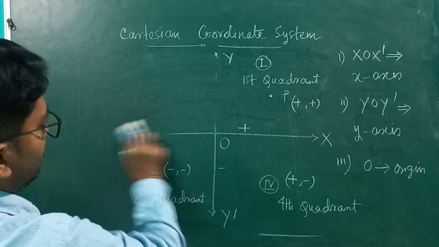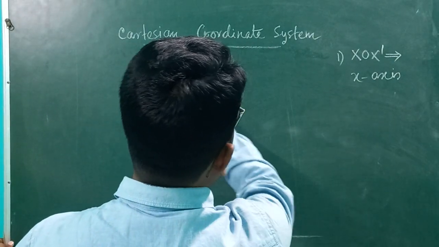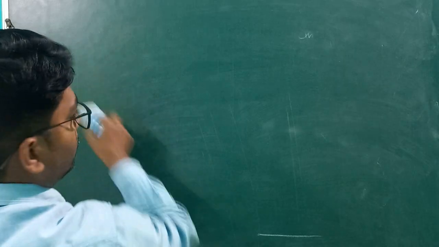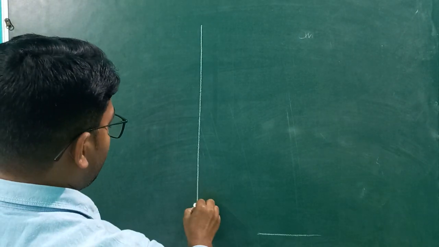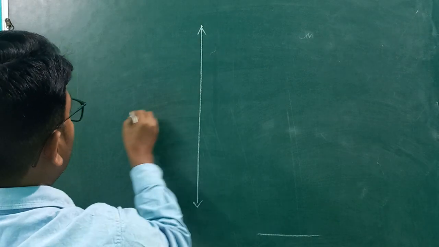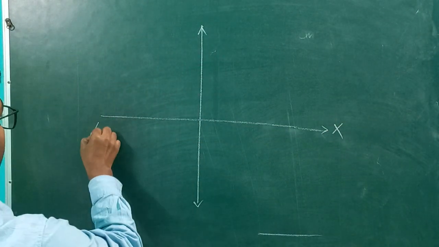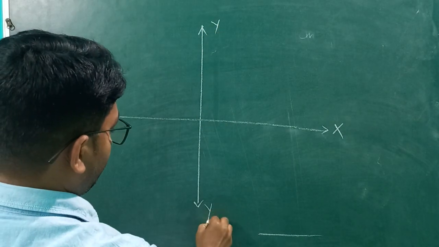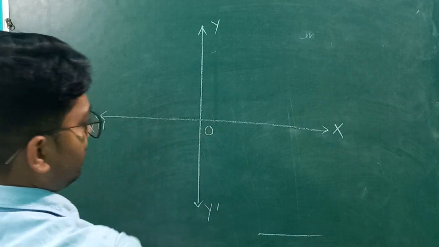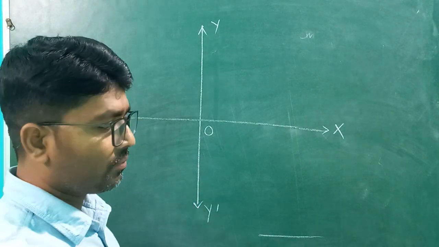I clear the board first. So here in the Cartesian system, we have two axes. One is the x axis, another is the y axis, and the point of intersection of the two axes is the origin.